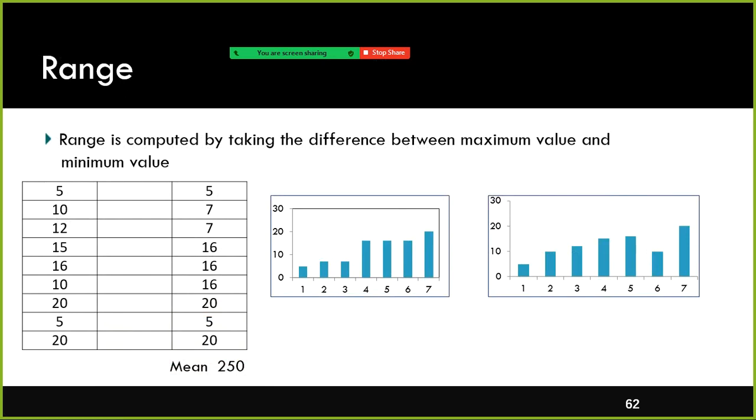Now let us take a look at the measure range. Using the range measure, we can find out how spread out a distribution is. So look at this data set. This is data set A, this is data set B. Is there any difference between these two data sets?